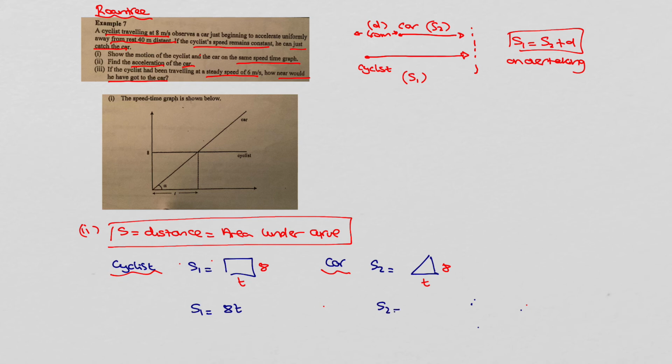So in other words, S2 is equal to half the base by the perpendicular height. So S2 is equal to 4t. So in other words, we're looking at this point here where their velocities are the same, because this is the point where they will just catch the car.